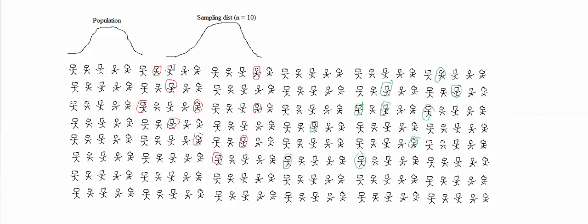In other words, if we wrote out all possible samples of 20 people that could be taken from this population, and we calculated the mean of each of those possible samples of 20 people, and then we made a histogram with those sample means, that sampling distribution would also be normal.